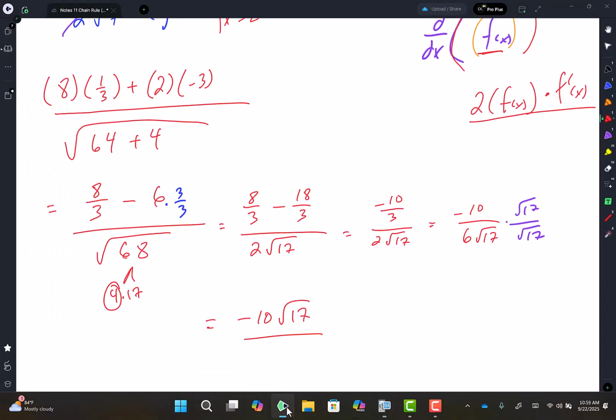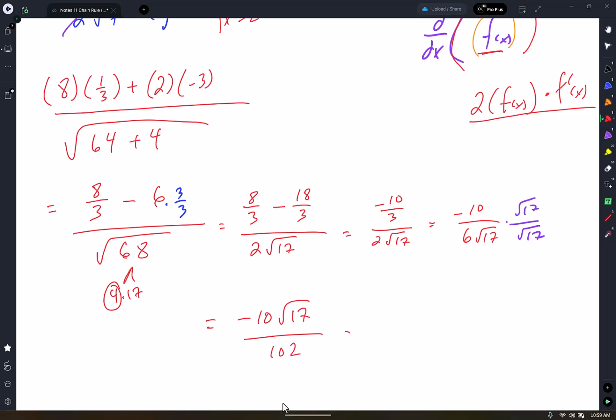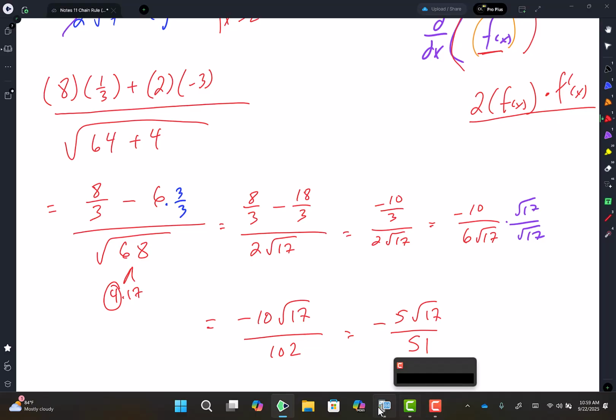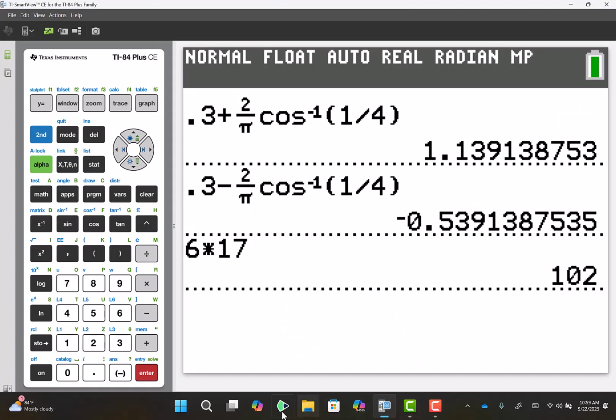It ends with a 2. And then that we can reduce. 2 goes into 10 5 times. So negative 5 square root of 17 over 51. Did I do that correct? I make mistakes all the time, so. Six and 17. I don't know why I don't like that, but that's fine.